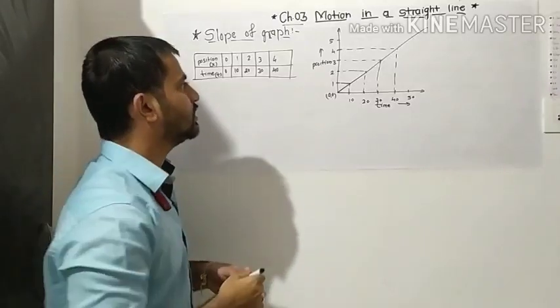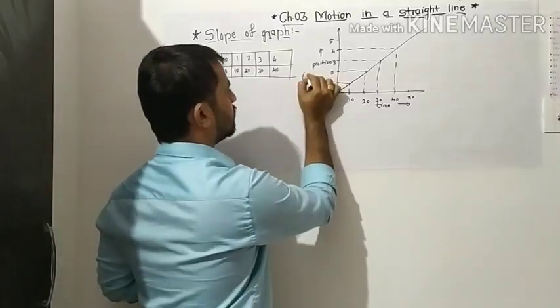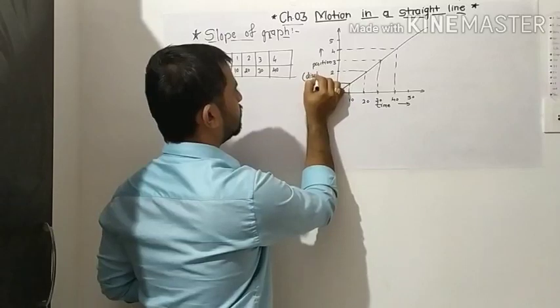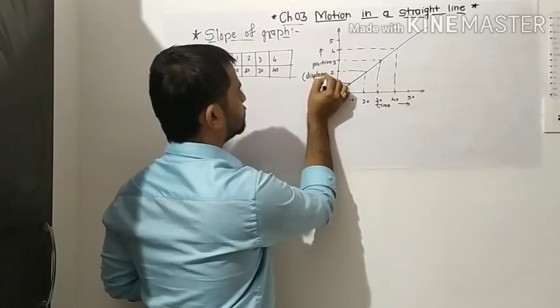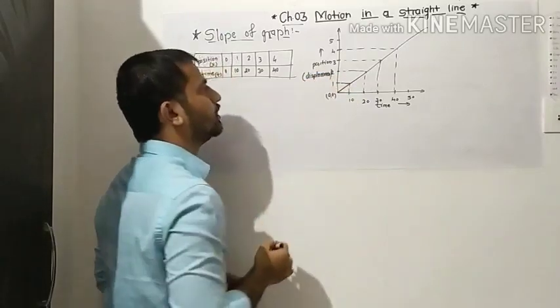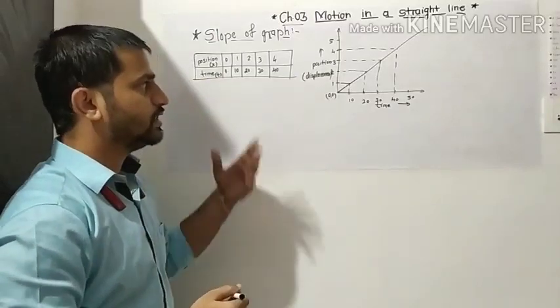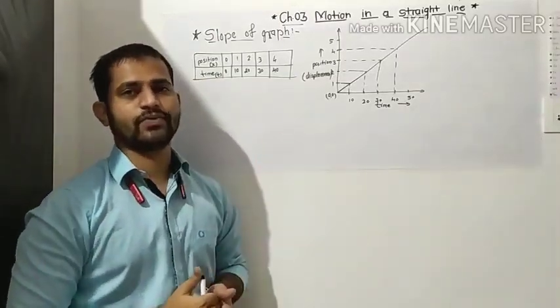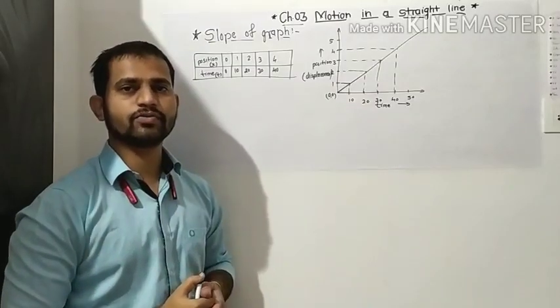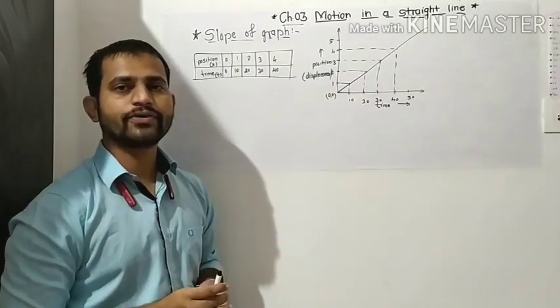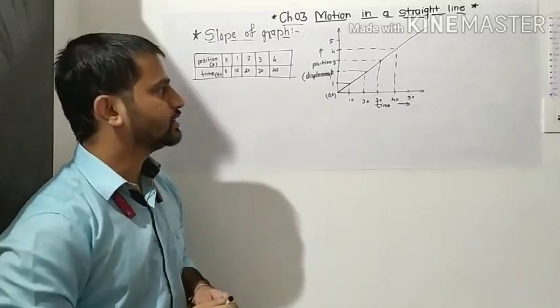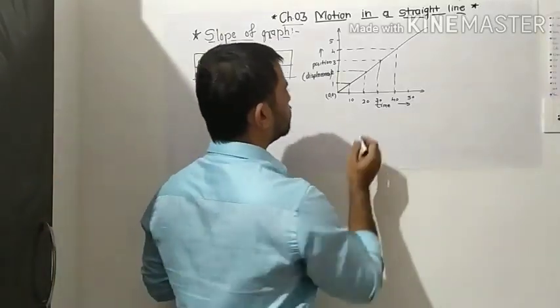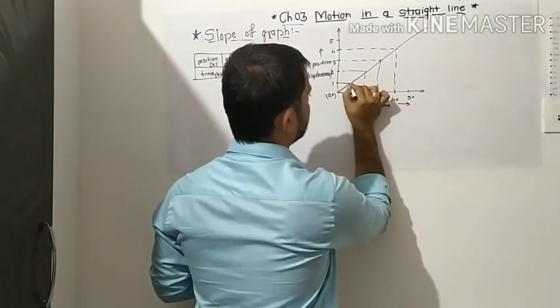Position is nothing but displacement. We know the change in position is nothing but the displacement. So if we have to find out the slope of this graph, what do we have to do? We have to consider one coordinate. Suppose we consider the coordinates at this point.